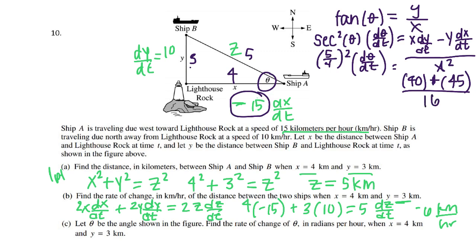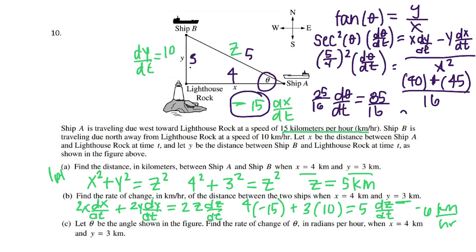So we have 25 over 16 d theta dt equals, and that's going to give me 85 over 16. To finish solving this, we're going to multiply both sides by 16 over 25.